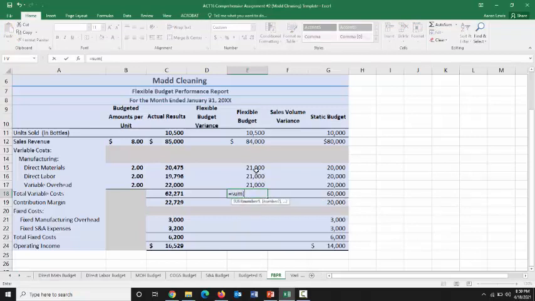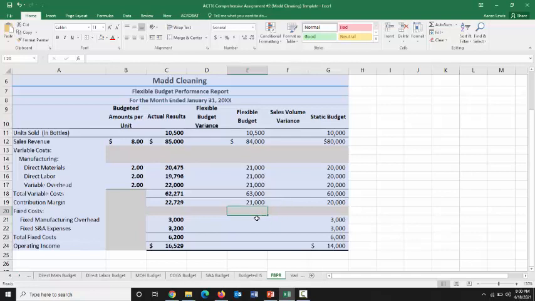Well, if we should have paid $21,000 for direct materials, $21,000 for direct labor, and $21,000 for variable overhead, then our total variable costs should have been $63,000. And if we did the $84,000 worth of revenues we should have generated and subtract out the $63,000 of variable costs we should have incurred, that means that our contribution margin should have been $21,000 for the month of January.